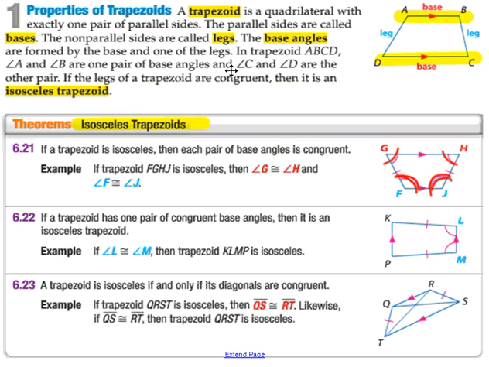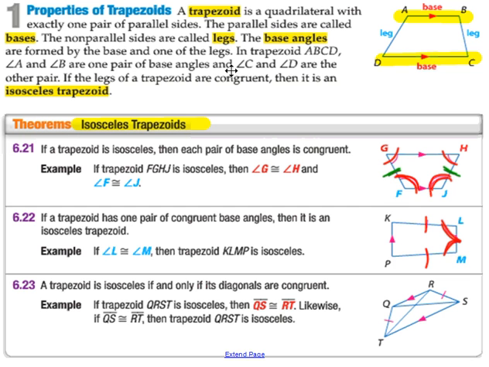It also has these two segments congruent. So now we can say the opposite. If we have one pair of congruent base angles, then it's an isosceles trapezoid as well. So just one pair of congruent angles and the congruent sides, then it's an isosceles trapezoid.